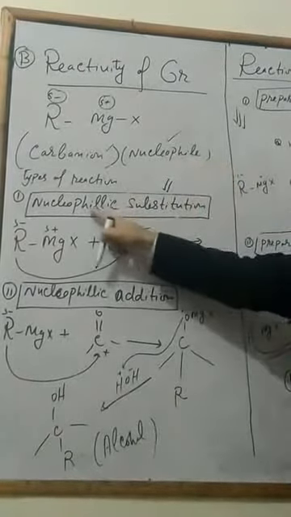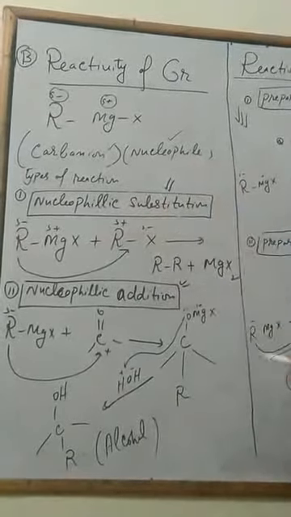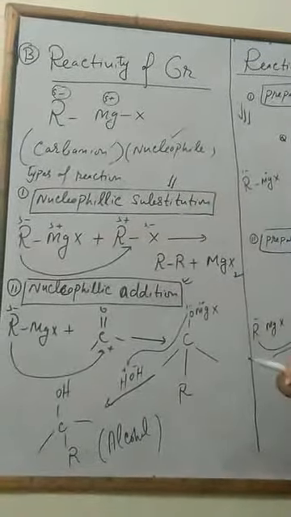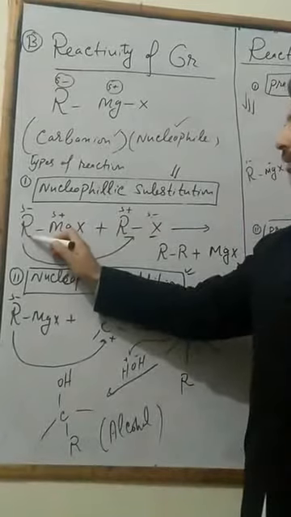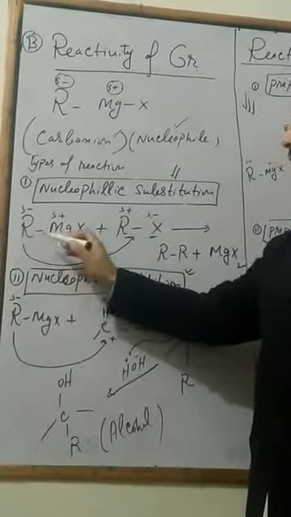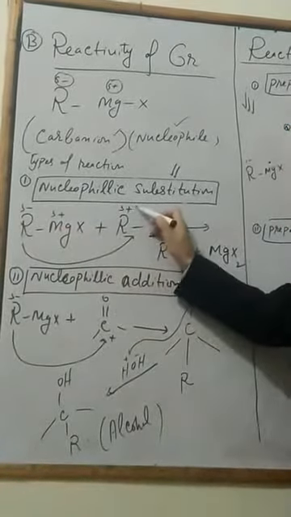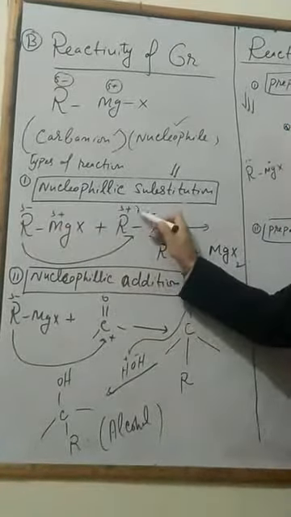One is nucleophilic substitution reaction. In nucleophilic substitution, this carbon is a nucleophile, therefore it may replace another nucleophile. Here this carbon, which bears a slight negative charge, may attack the electron deficient center in alkyl halide.